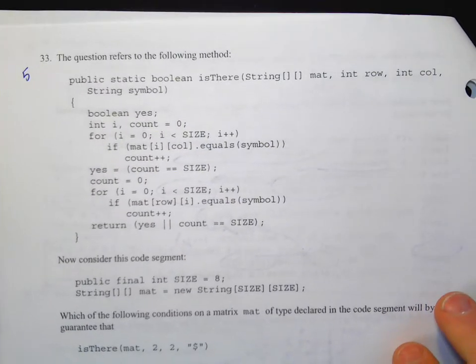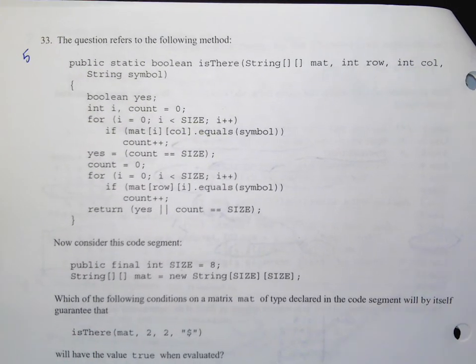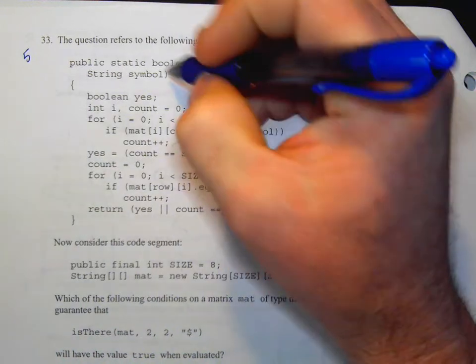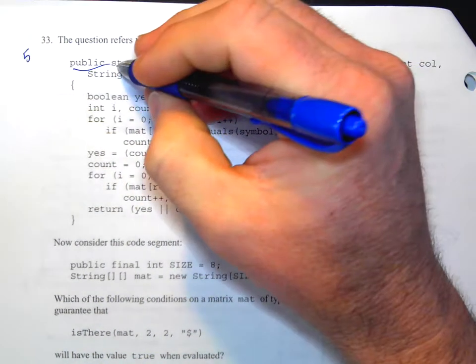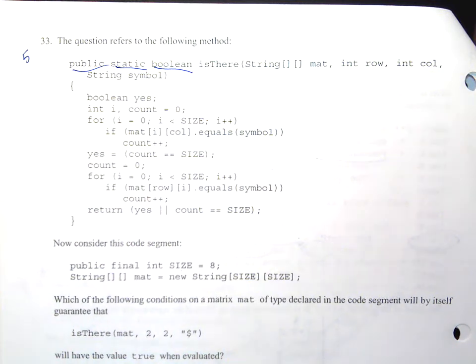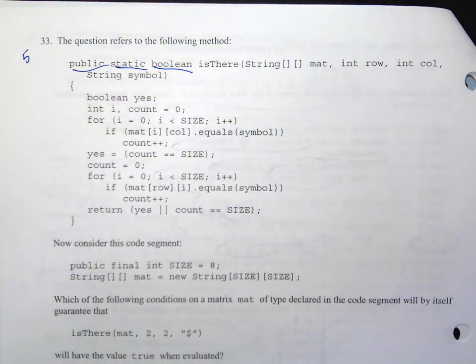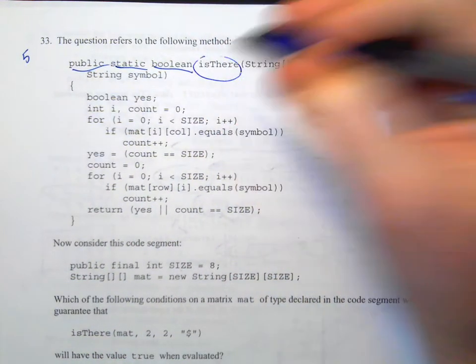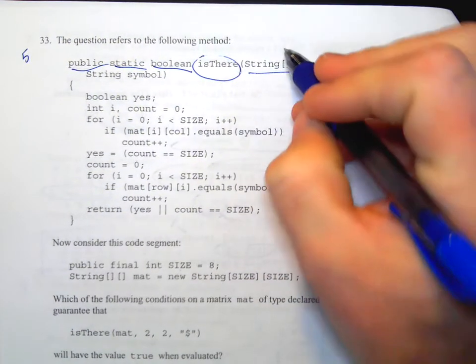Number 33. The question refers to the following method: public static Boolean returns Boolean. It's public. Static means it's in a class that we're not making actual objects out of. It's called isThere. These are the arguments, right?